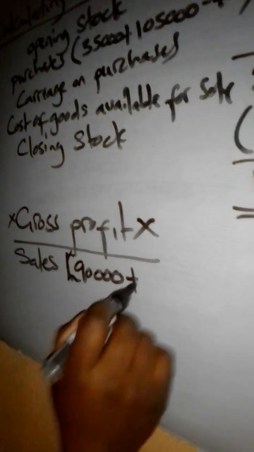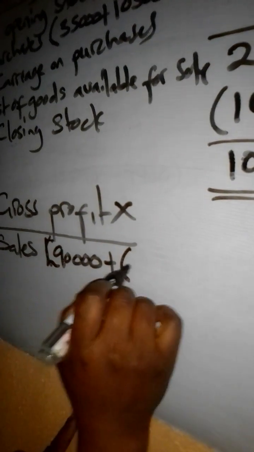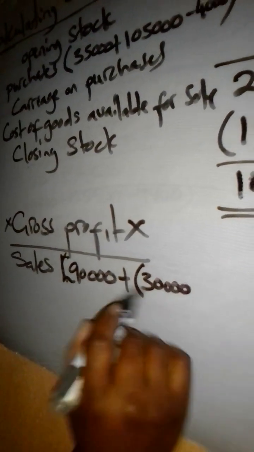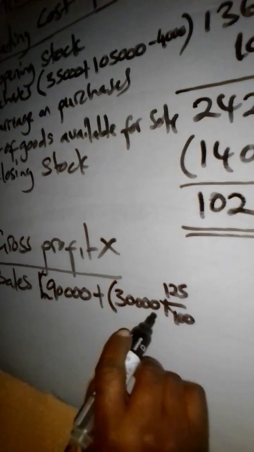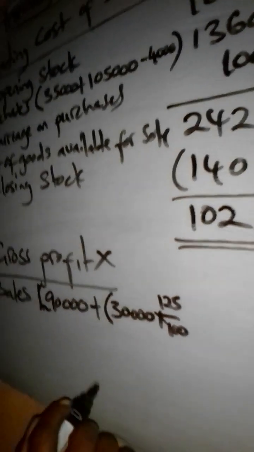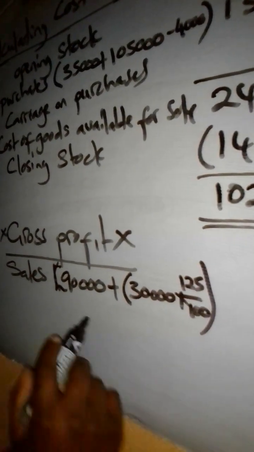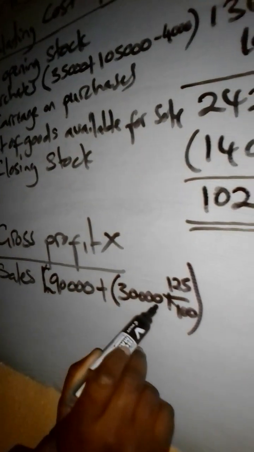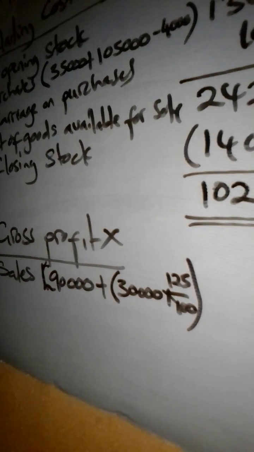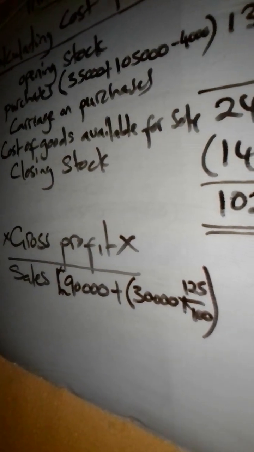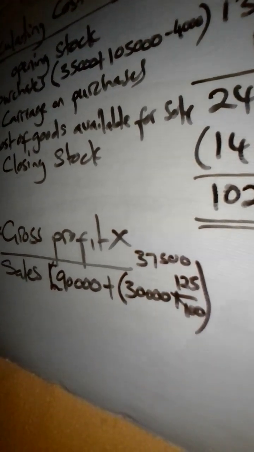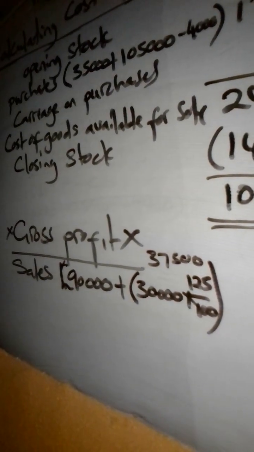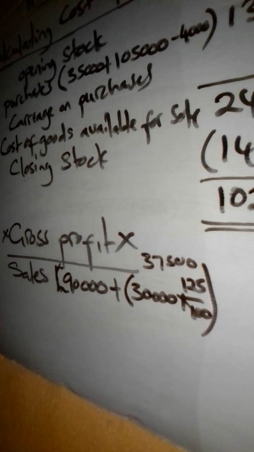So we're going to do the calculation like this: plus, open a bracket, 30,000 multiplied by 125 over 100, because the markup is 25%. When you say 90,000 plus 30,000 times 125 over 100, it will give us something like 37,500, which added to 90,000 gives us 127,500.